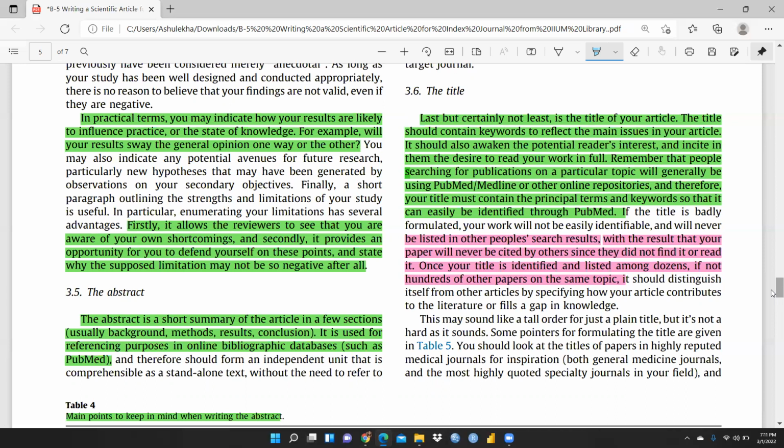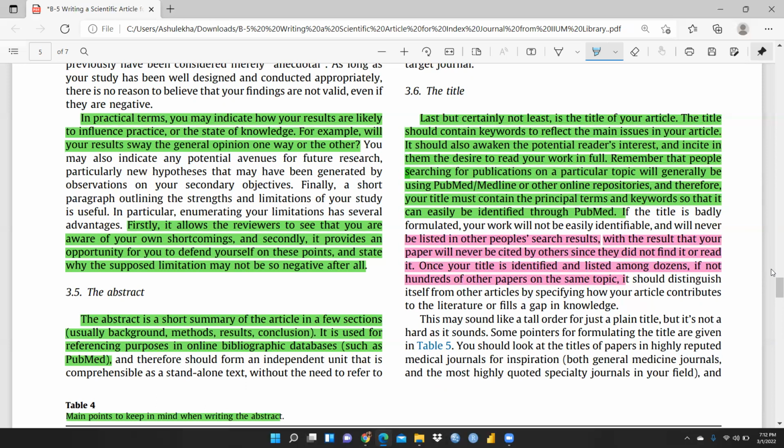Citation can also be improved when you use keywords in your title. Otherwise, your paper will never be cited by others since they did not find it or read it, once your title is listed among dozens, if not hundreds, of other papers on the same topic.